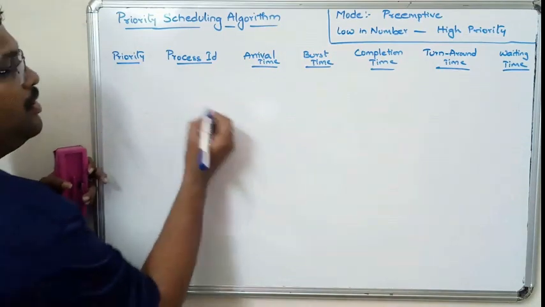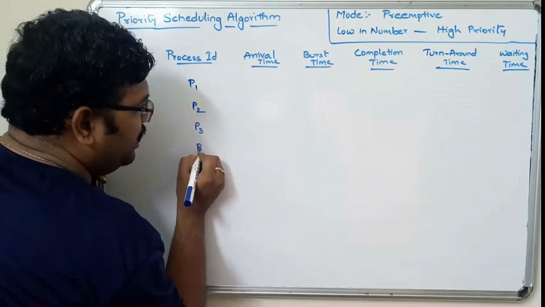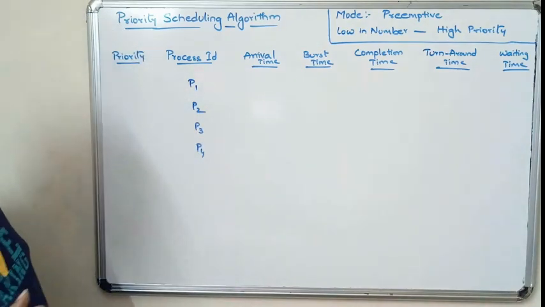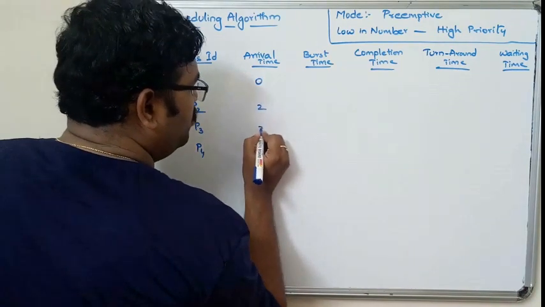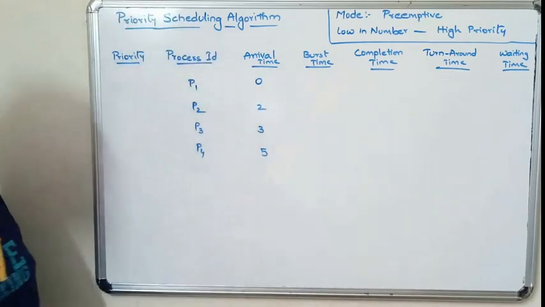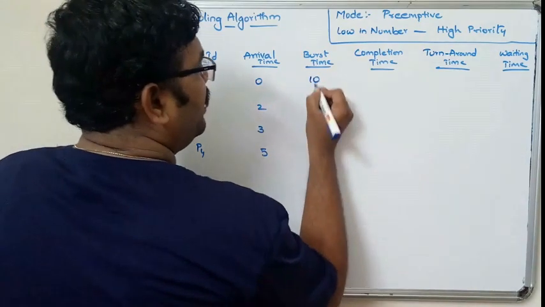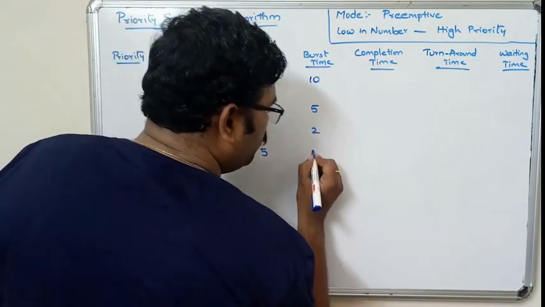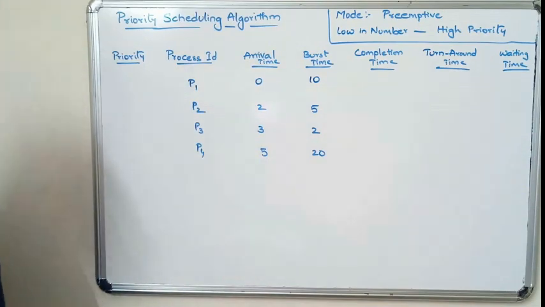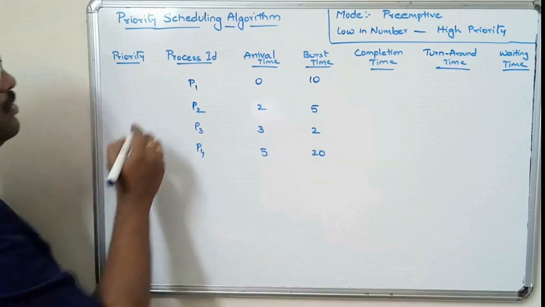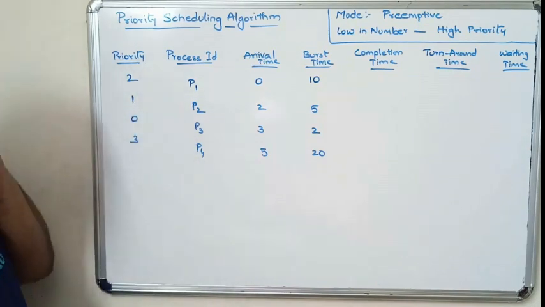Now let us take an example. 4 processes P1, P2, P3 and P4. So the arrival time is 0, 2, 3 and 5, and the burst time is 10, 5, 2, 20. Now the priority is 2, 1, 0, 3.